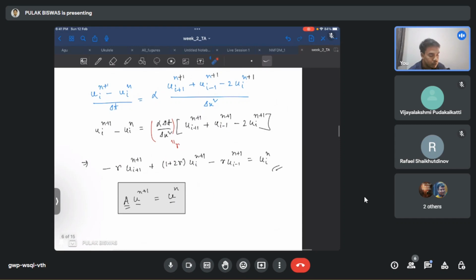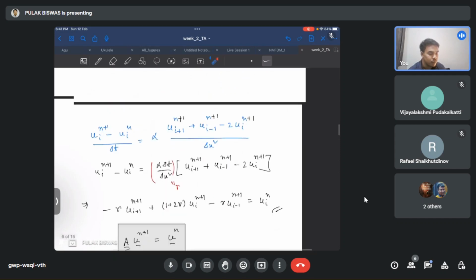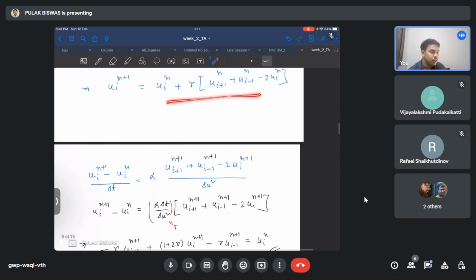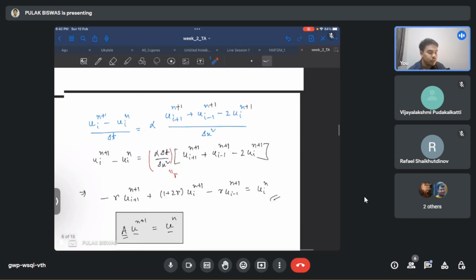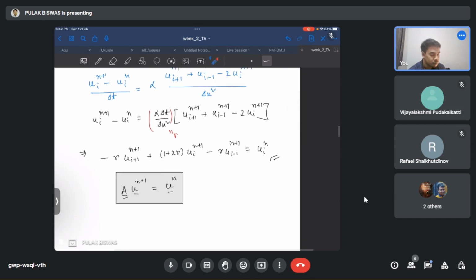But you cannot calculate with a simple formula like this, as for the explicit scheme, where you can directly put the values and obtain the value at the 0th point. Here you have to solve a matrix problem, an inverse problem. Then you can calculate this.